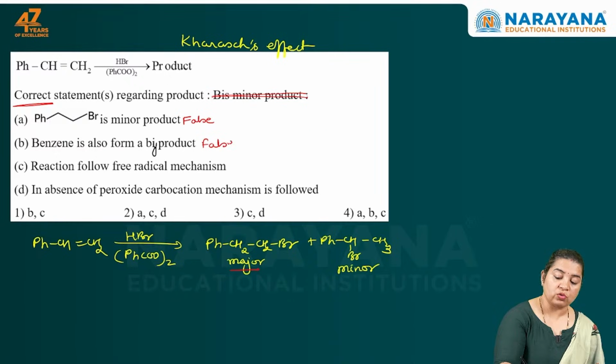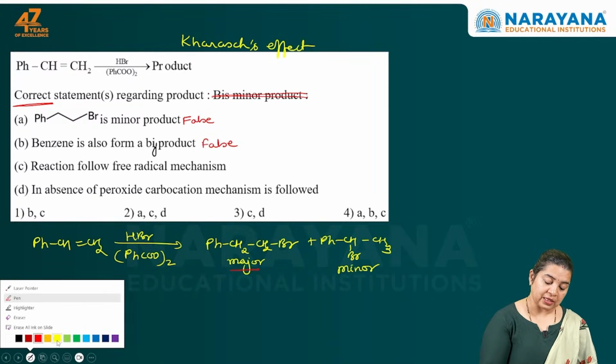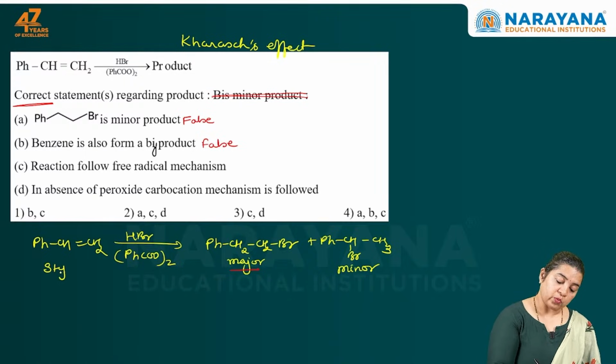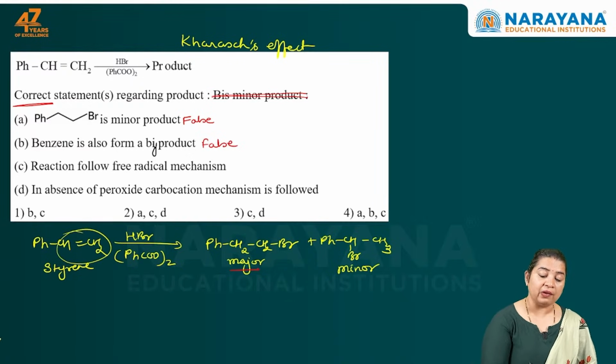That is totally false. There is no benzene formation here. The reaction started with styrene, so if any other product were formed, how would this entire ethyl group be wiped off? So this is not at all a possible option.